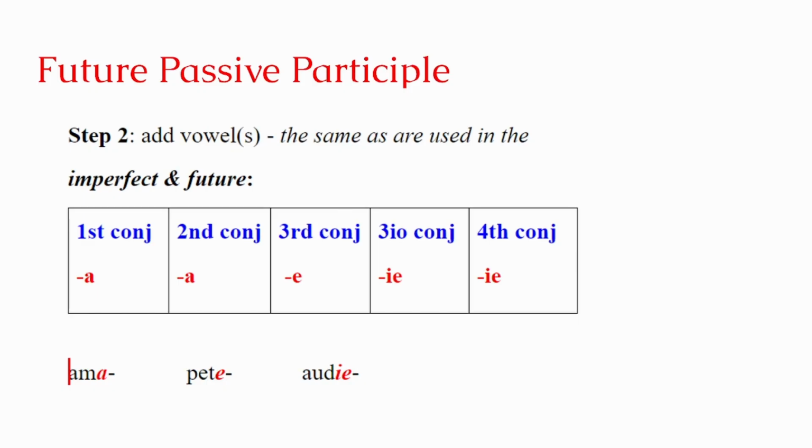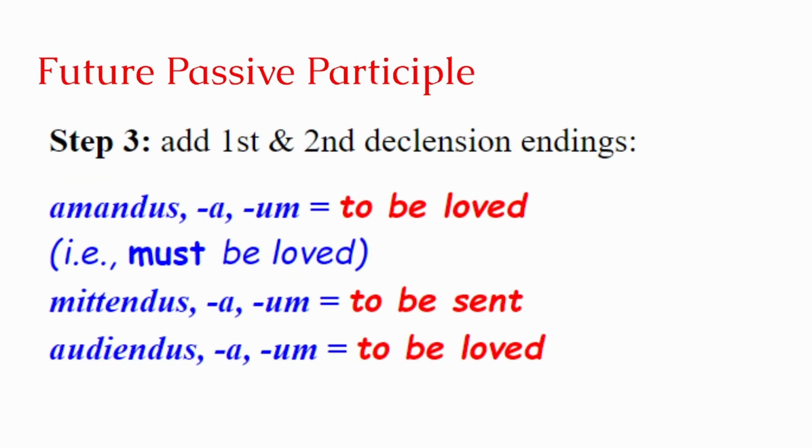And step three, this is where it's different. Instead of adding NS, NT, and then third declension endings, here we add ND and then just first and second declension endings. Amandus, amanda, amandum. Mittendus, mittenda, mittendum. Audiendus, audienda, audiendum. And that's all there is to it.